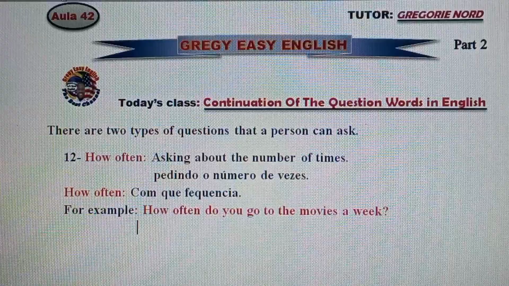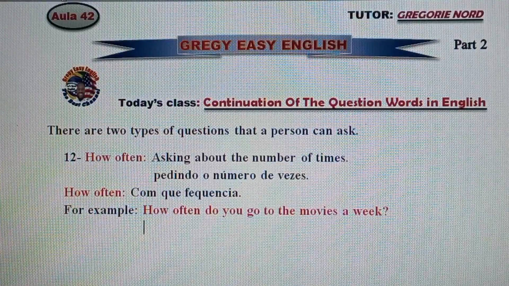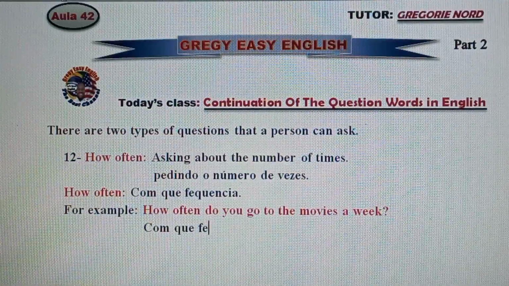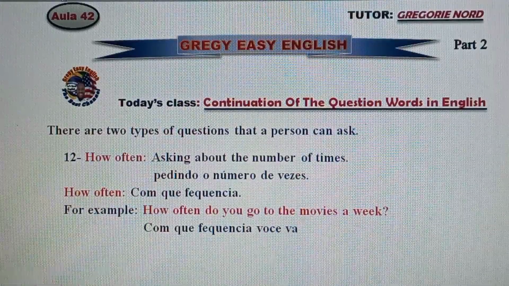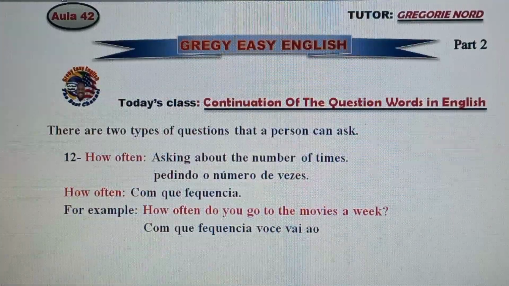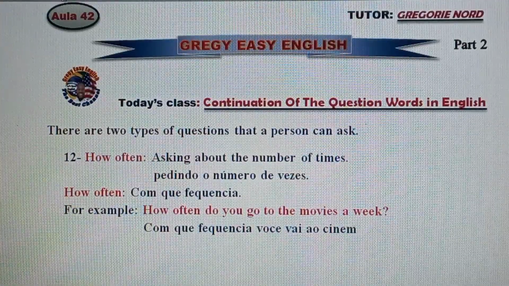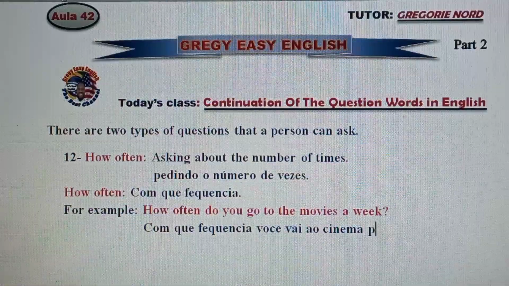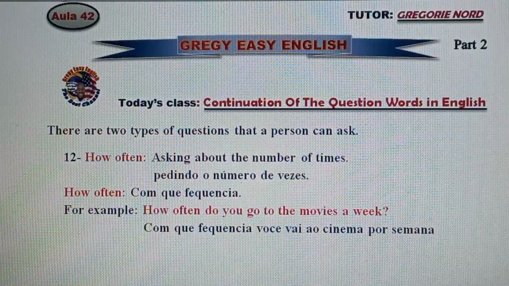Significa o quê em português? How often do you go to the movies a week em português? Significa com que frequência você vai ao cinema por semana.